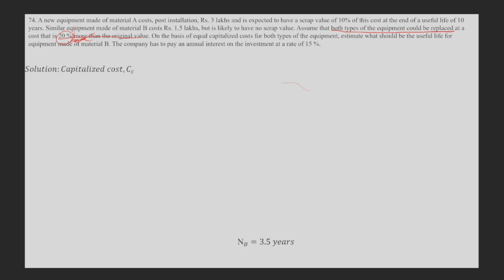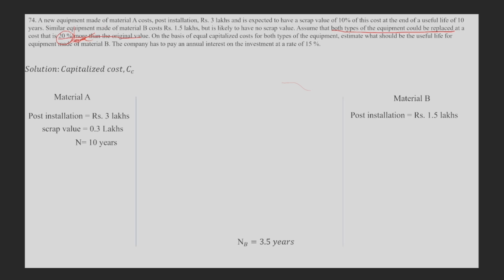Okay, so very first, capitalized cost is CC. Material A post installation cost is rupees 3 lakh, scrap value 0.3 lakhs, N is equal to 10 years service life. Material B post installation is rupees 1.5 lakh. This is the complete formula for capitalized cost. Now this part will become zero, because no annual operating cost is there.